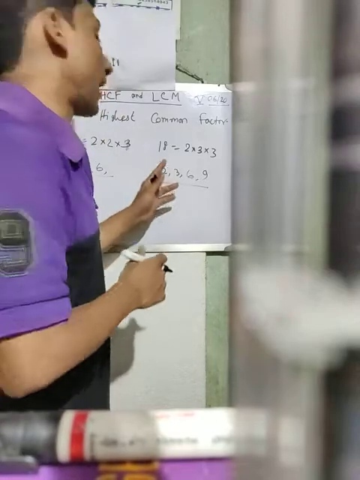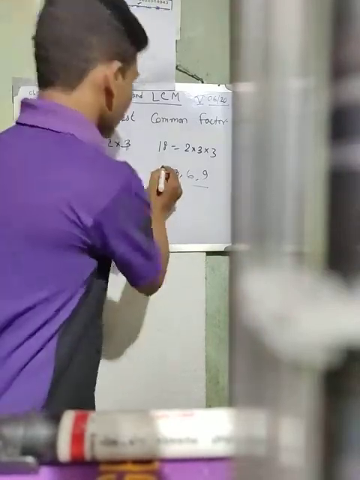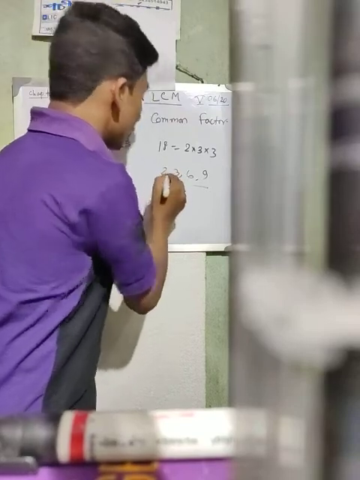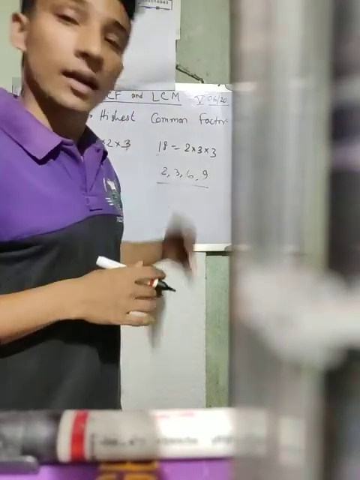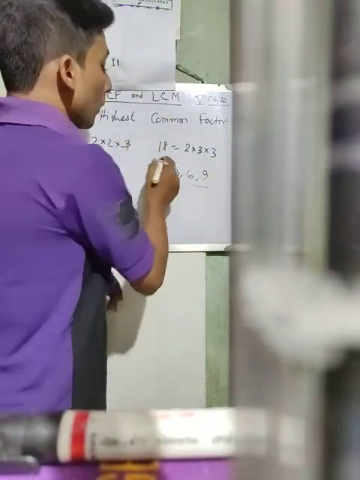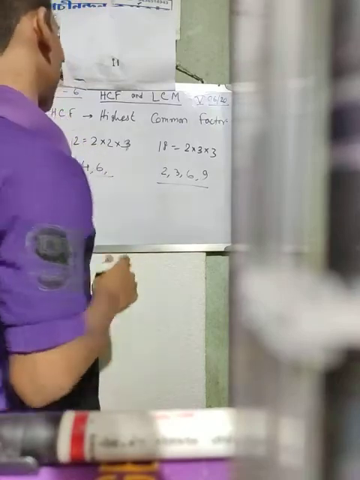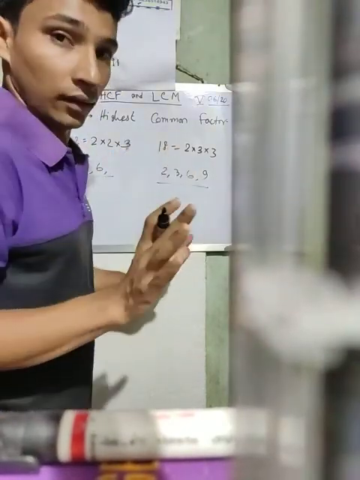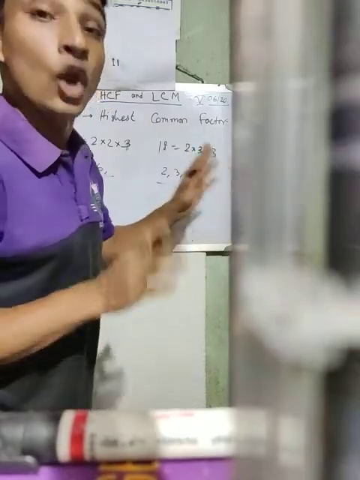That means 2 is the divisor. The factor is the divisor by which we can divide the number. That is called the factor of that number. So factor is actually the divisor. So common factor means common divisor.